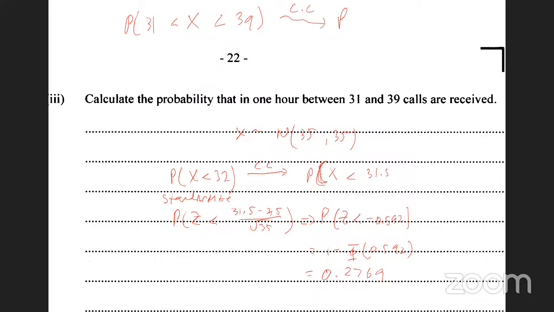So it'll be inclusive, right? So that would be 30.5, 39.5, right? Standardize, tell me what you get, and then work it out.